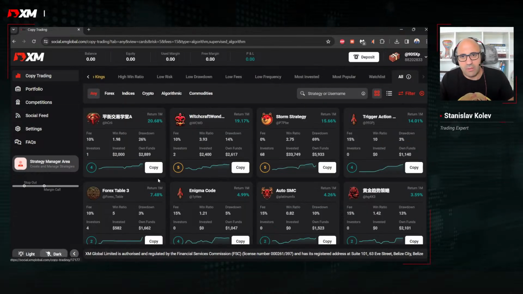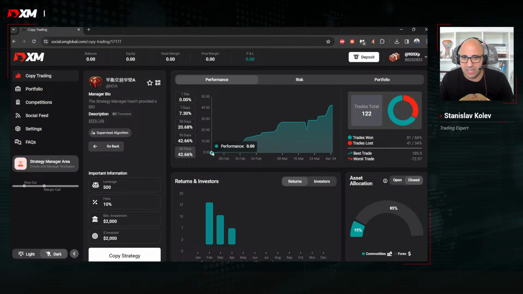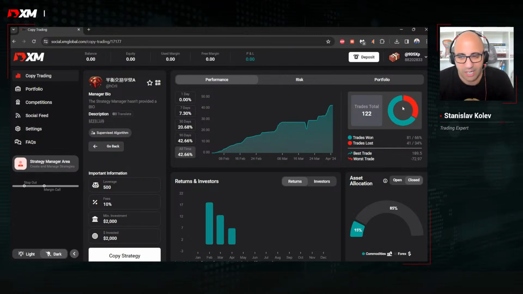Right, I'm just going to randomly click on the first one, which has generated 20% return in the last month. So we're going to click on it. On all time, actually the person generated 42%. Person started trading in the beginning of February, and we have a very tiny little bit of a drawdown. You could see on the right side how many trades are profitable, how many trades are losses.